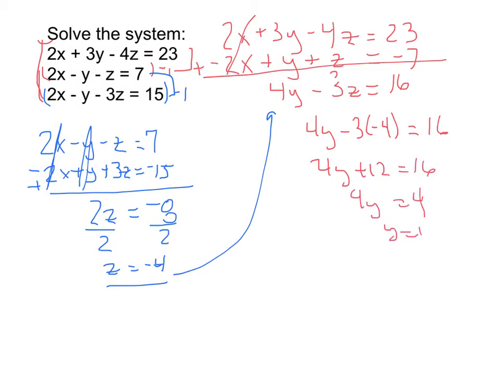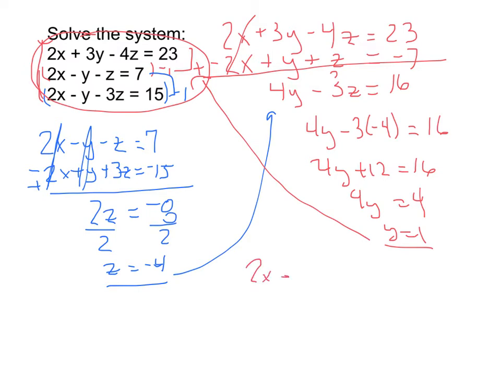So y is 1. Now I'll take all of that, and I'm going to go into any of the three original equations from our system, plug in 1 for y, -4 for z, and figure out x. How about I use the middle because there's fewer coefficients?